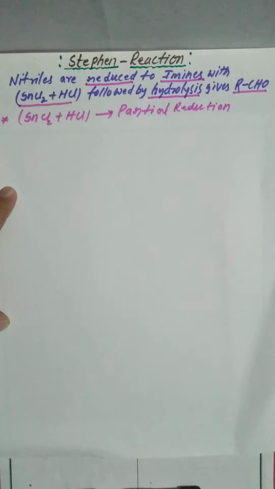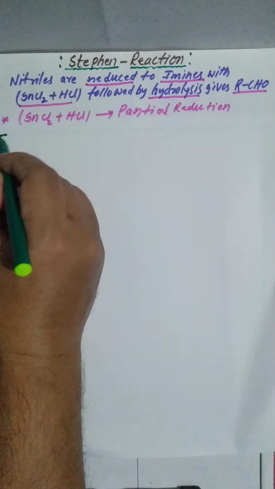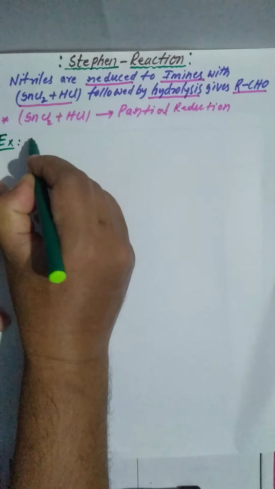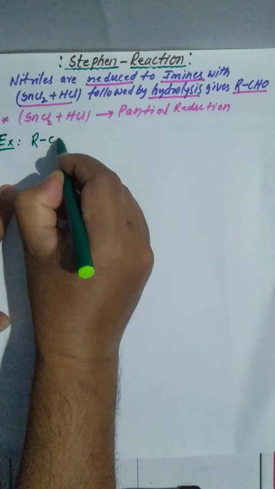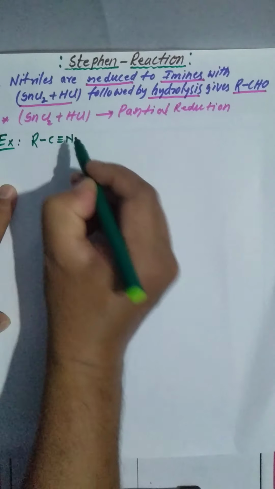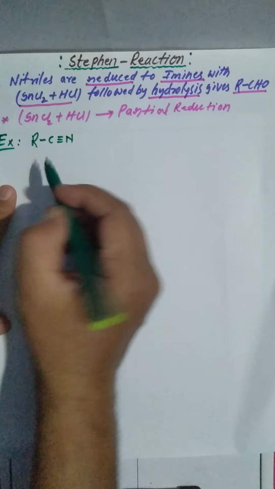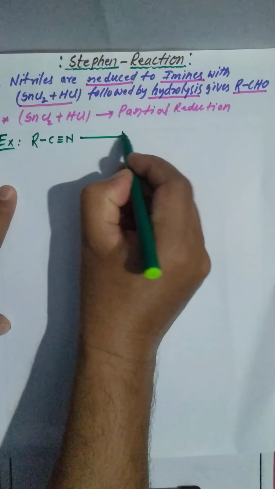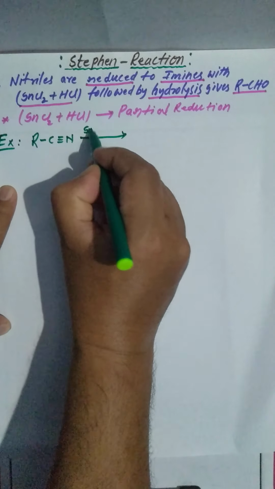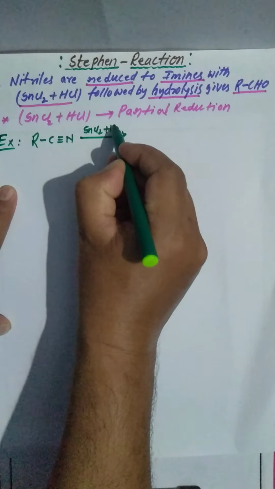Now I am taking an example here for reduction. See here, nitriles, RCN. This is nitrile or cyanides subjected to reduce in the presence of tin chloride and HCl.